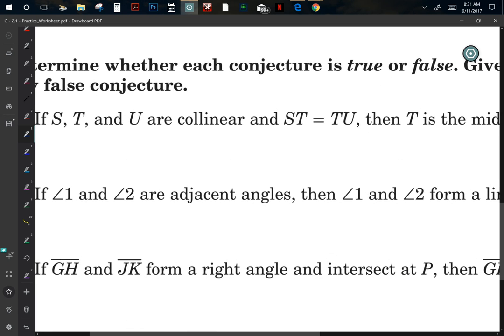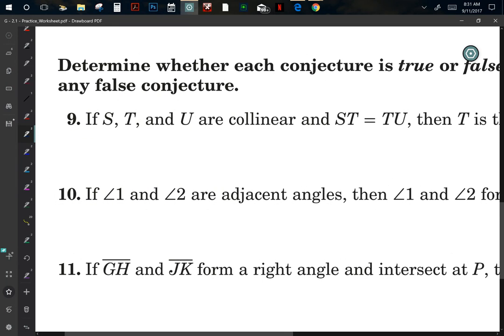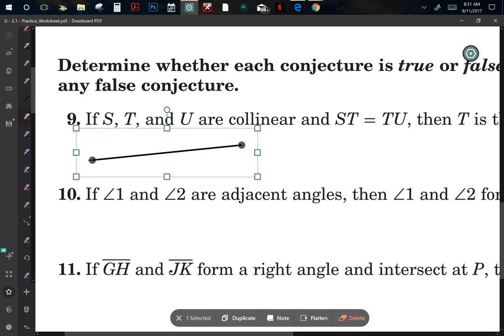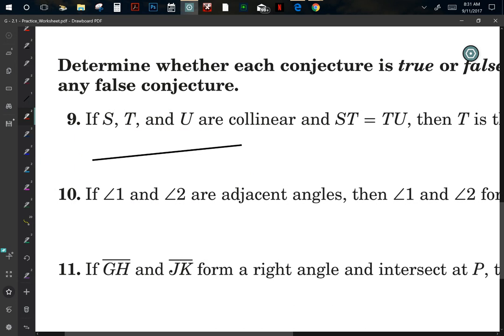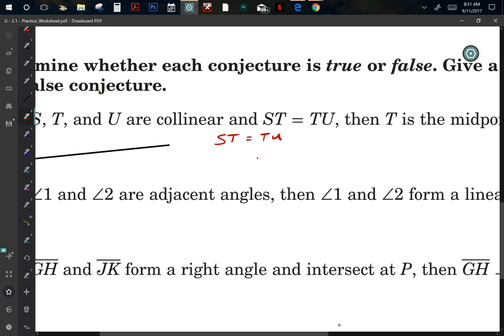This one right here is a pretty good one. S, T, and U are collinear. So I've got a line here. I've got S, T, and U. ST is equal to TU. And they're saying that T has to be the midpoint.